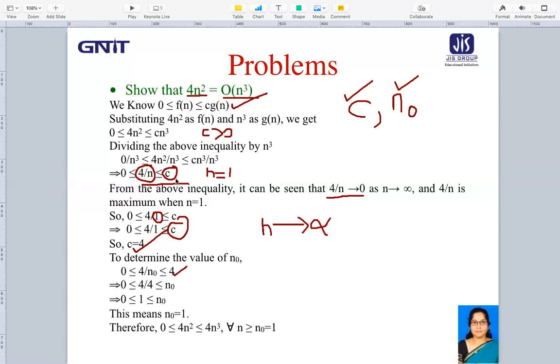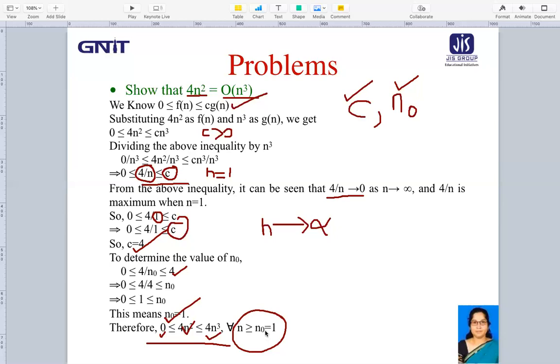So we can replace c by 4 in the same inequality, and then 4 by 4 will be less than or equal to, so it's just a simple calculation, and we see the value of n0 is 1. Now if we place it in this equation, f(n) is 4n squared and c·g(n) means 4n cube. This will always hold when n is greater than or equal to n0 equals 1.